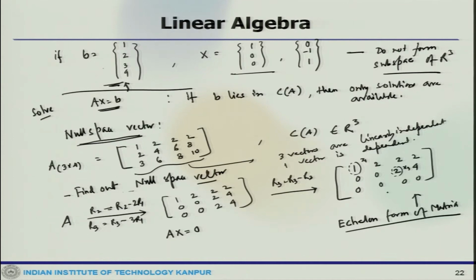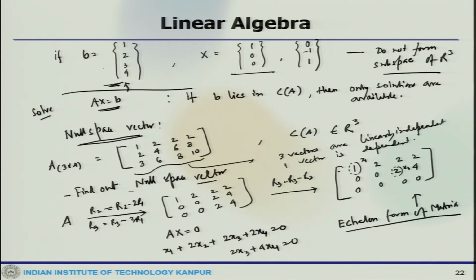If we do this here, what we end up getting is x1 plus 2x2 plus 2x3 plus 2x4 is 0, and 2x3 plus 4x4 is 0. x1 and x3 are the 2 pivots sitting in the echelon form of this matrix.